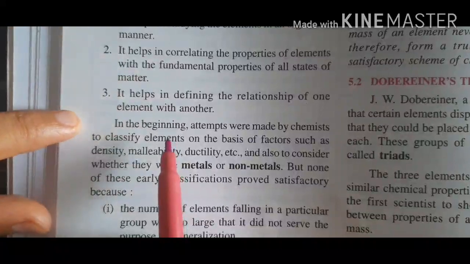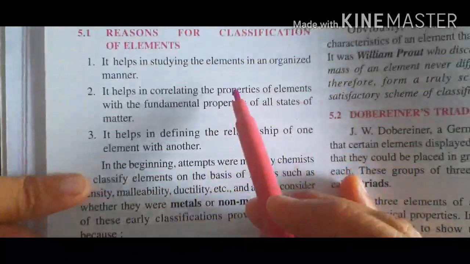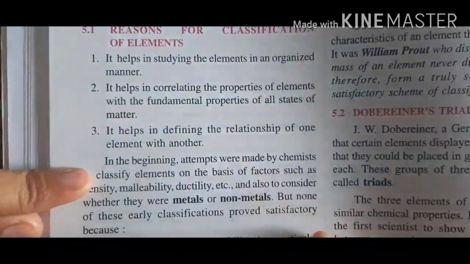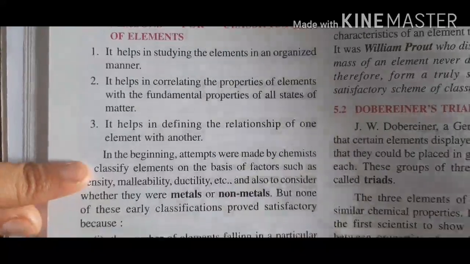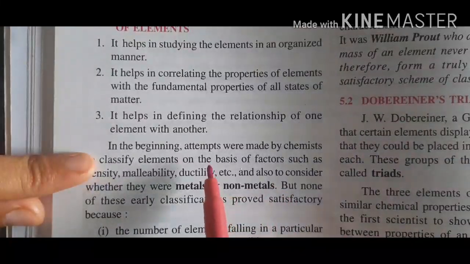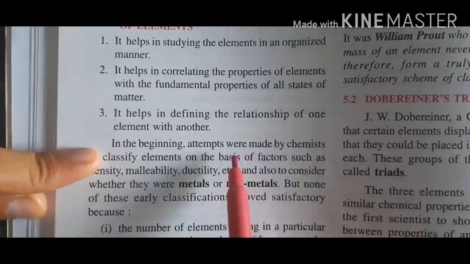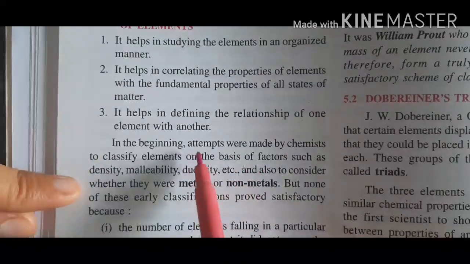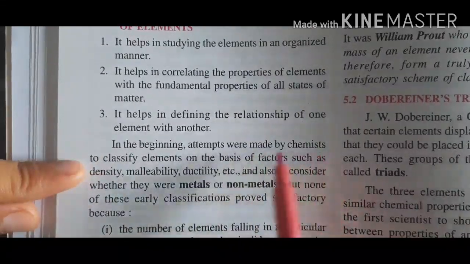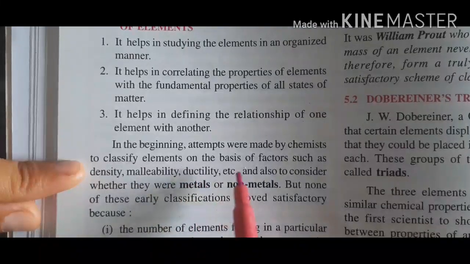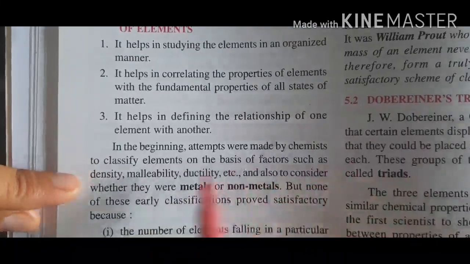So because of this reason they started to classify. In the beginning, many chemists attempted the classification. Attempts were made by chemists to classify elements on the basis of factors such as density.